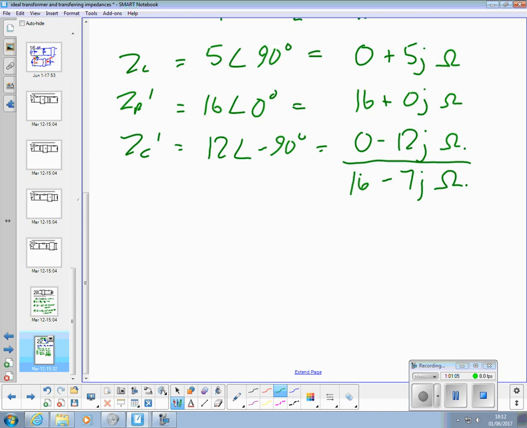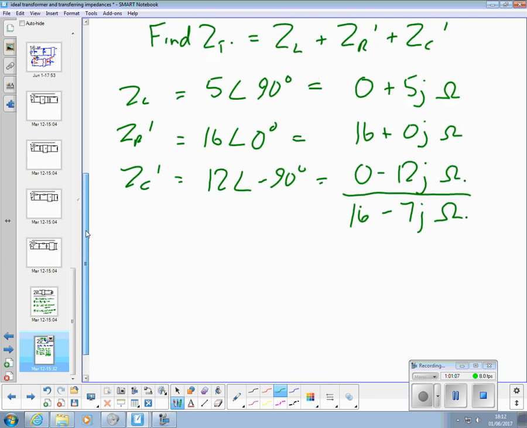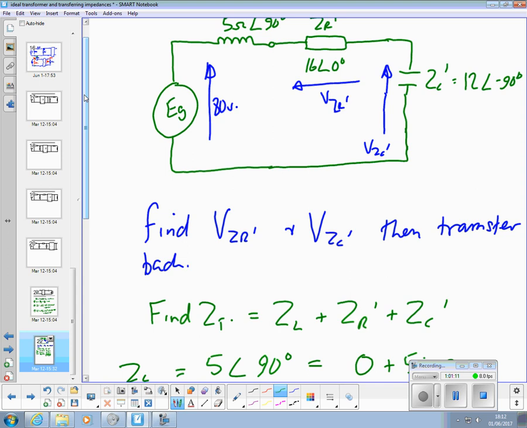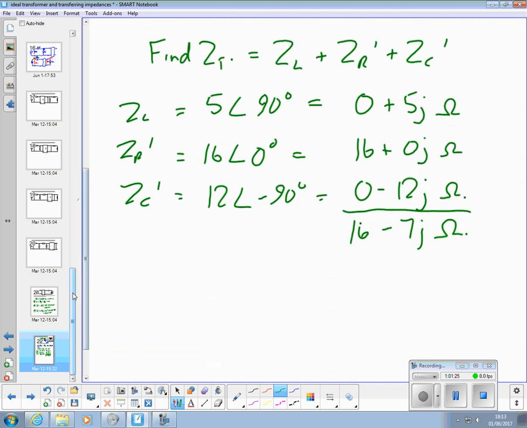Now, we want to find voltage, which is going to involve us multiplying the current flowing by the impedance value. So what form would we rather have that in? For multiplication, polar form. Convert to polar.